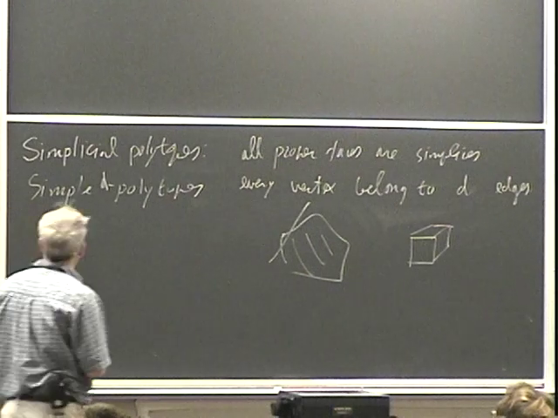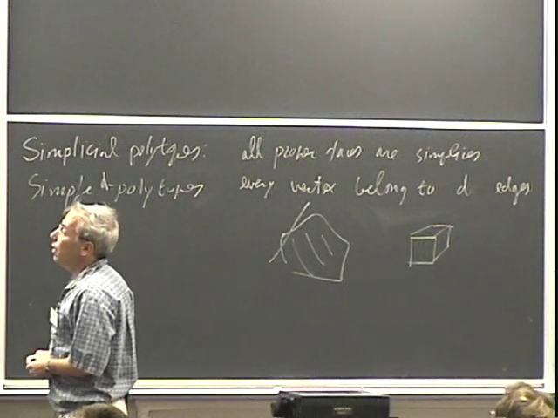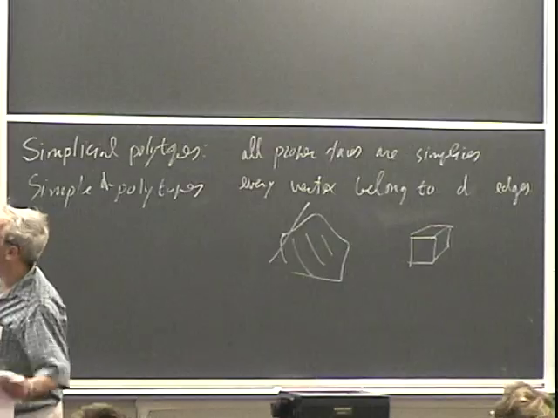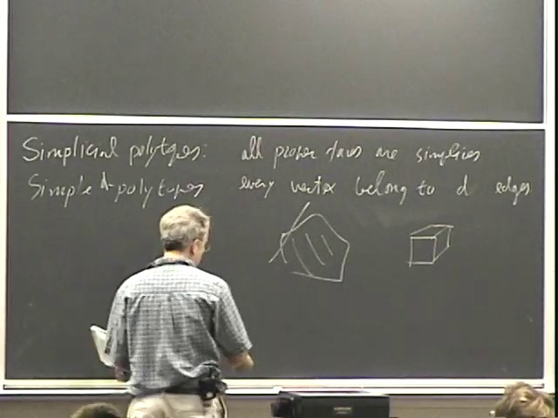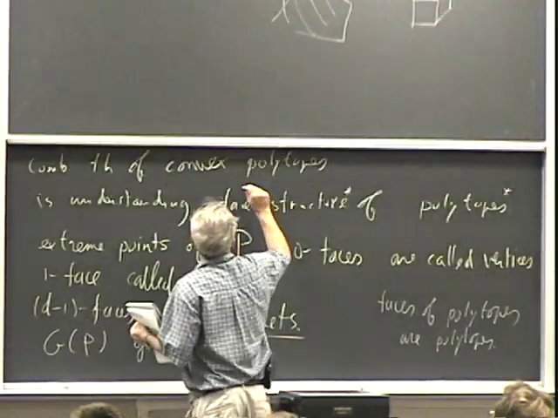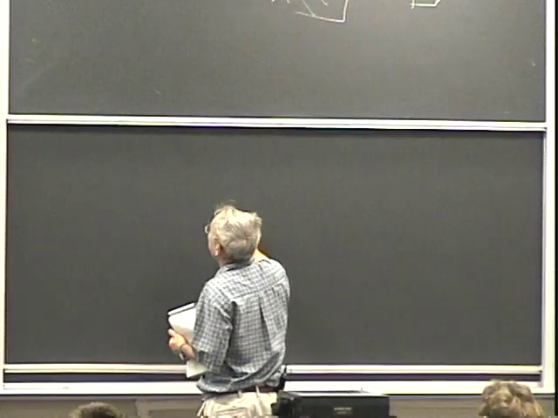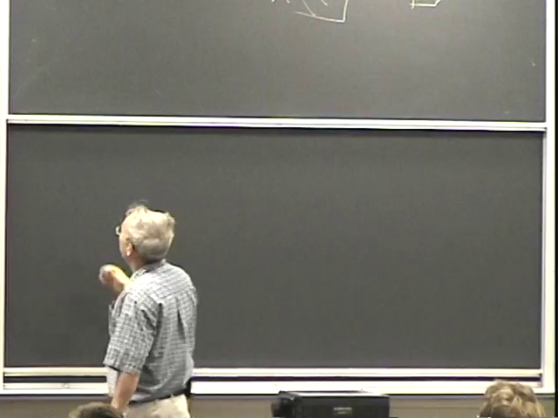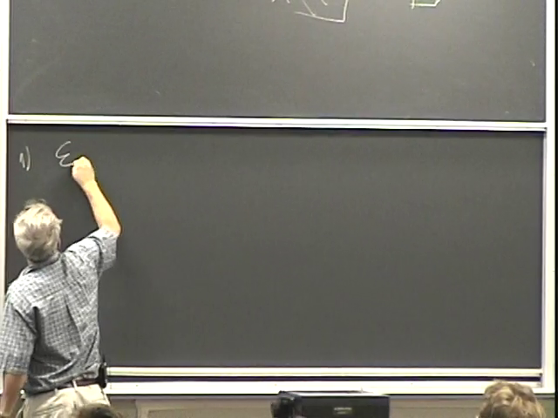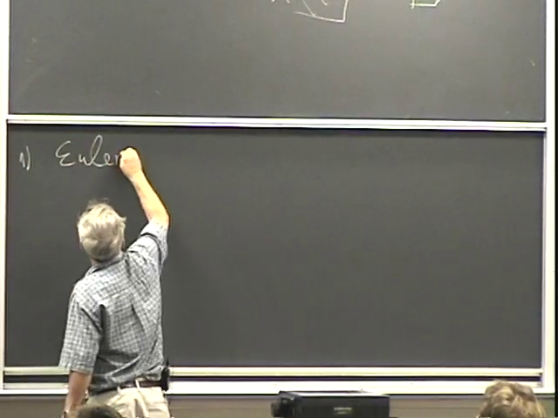And now let me mention what are the roots of problems in the combinatorial study of polytopes. Perhaps one of the basic roots is, as already mentioned, the Euler relation.